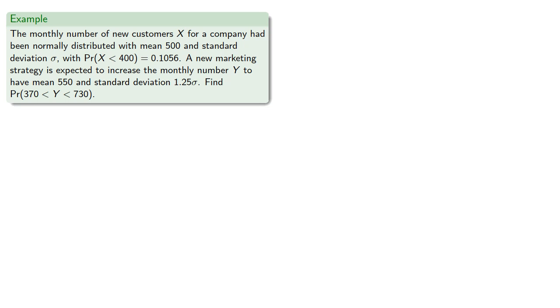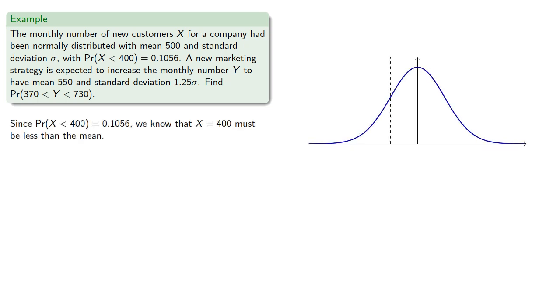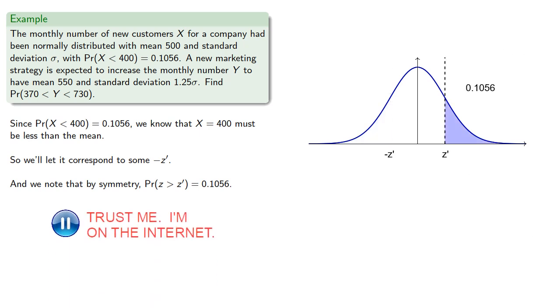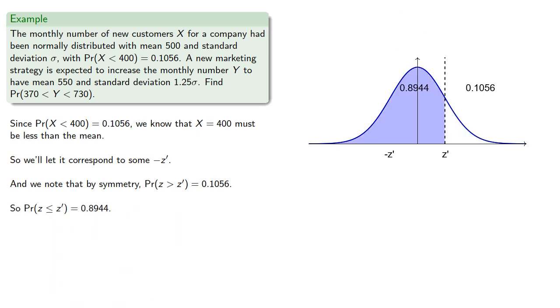Since we're given a probability that's less than 0.5, we know that x equals 400 must be less than the mean. So we'll let it correspond to some negative z prime, and we note that by symmetry, the probability that z is greater than positive z prime must be the same, and so the probability that we're less than or equal to z prime is the complementary probability, and that allows us to find z prime.